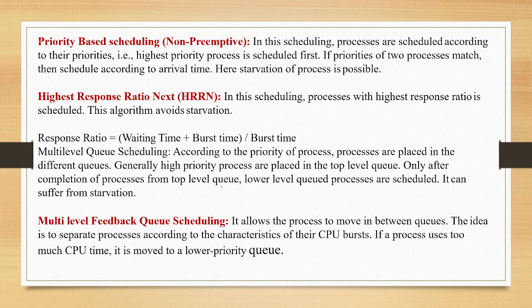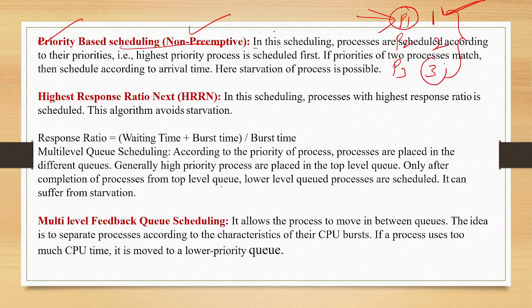What is priority based scheduling? In priority scheduling, we allocate the CPU based on some priority. For every process we allocate some priority. Suppose P1, P2, P3: P1 has priority 1, P2 has priority 2, P3 has priority 3. Here the lowest number is the highest priority. That means P1 is the highest priority.